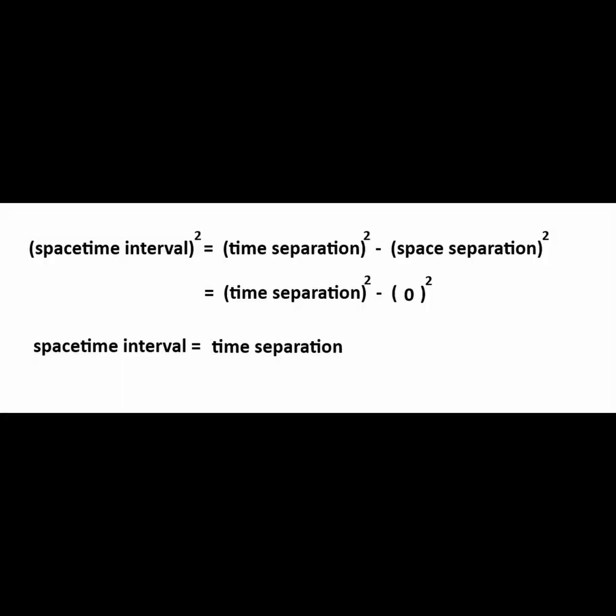This means that the length of the spacetime interval is now exactly equal to your stopwatch time, since the spacetime interval squared is equal to time separation squared minus space separation squared, which is equal to the time separation squared minus 0. That means that the spacetime interval is exactly equal to the time separation, which is your measured time.